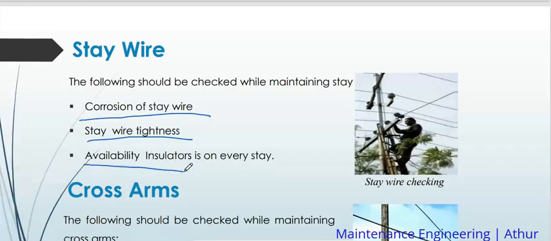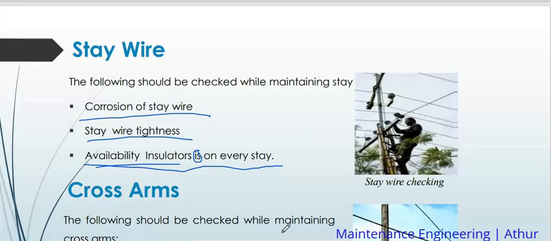We have availability of insulators on every stay. Every stay should have what we call a stay insulator. That one isolates any fault from reaching down, because oftentimes people will be leaning on those stays. If there is no insulator, people can die.